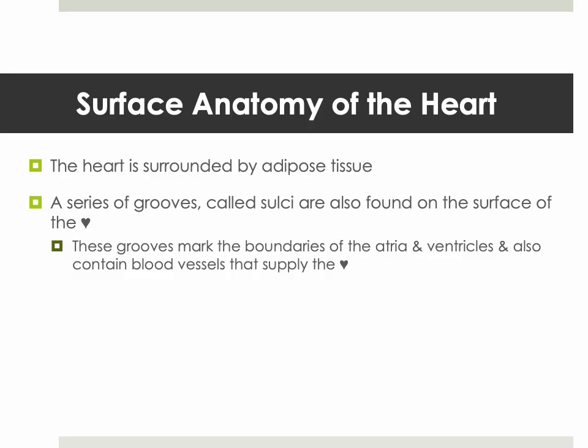All right, so now we're going to talk about more anatomy of the heart. So as I have said, the heart is surrounded by fat. All right, and if we gain weight, that fat tissue is going to increase. But also outside of the heart, there are going to be grooves called sulci, and they're important because they demarcate some structures.